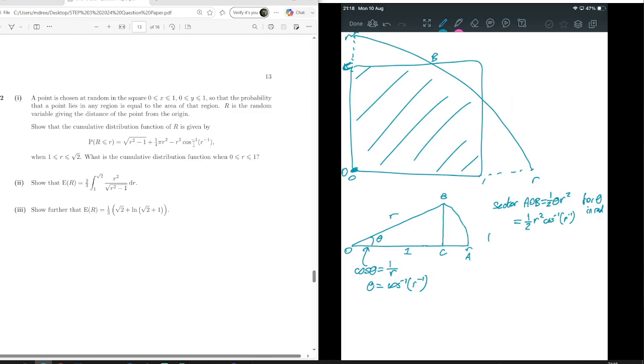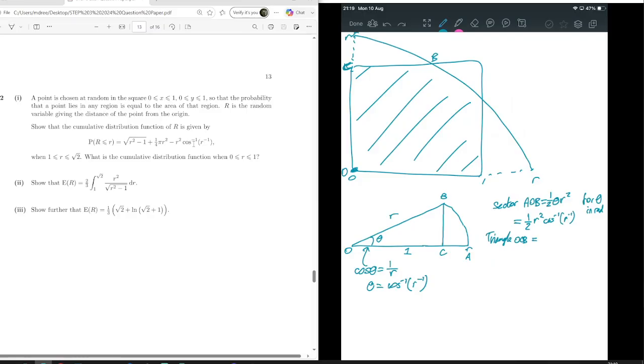So I also need the triangle OCB. And there's probably lots of different ways I can try and work out what this triangle is. I could do a half ab sine C, but then I'm doing sine of this angle, and sine of cos inverse is not going to be pleasant.